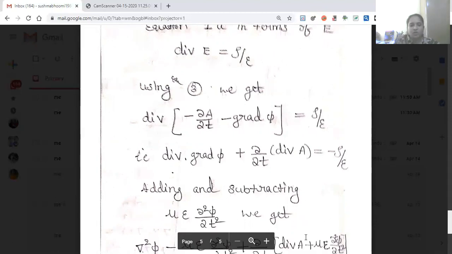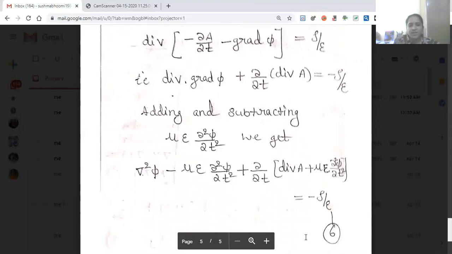Now, next what will we do? We'll add and subtract in this equation mu epsilon del square by del t square of phi. What we get? Del square phi minus mu epsilon del square phi by del t square. Here we have subtracted.